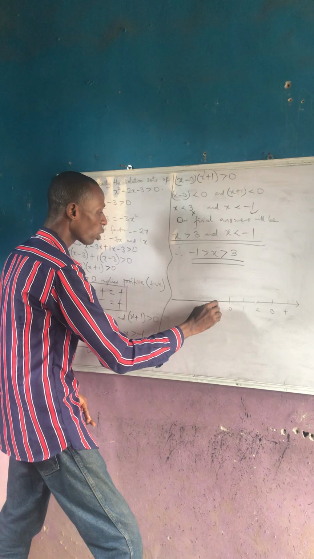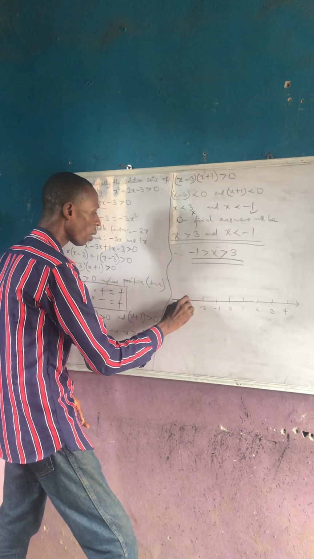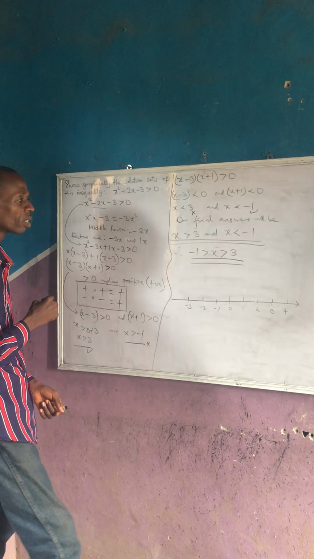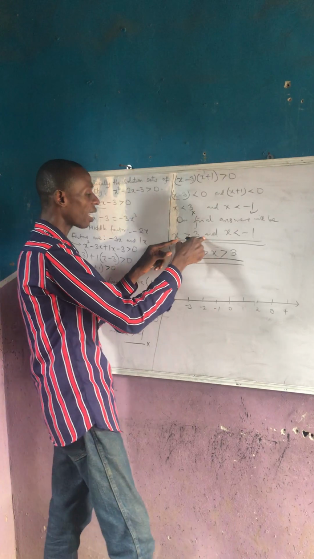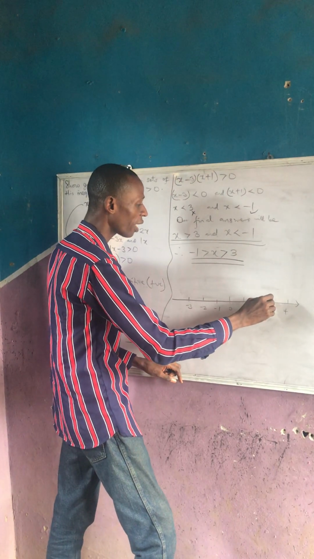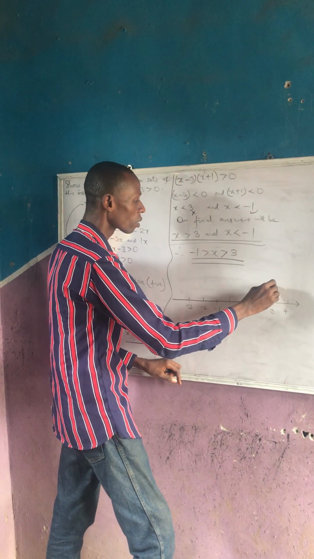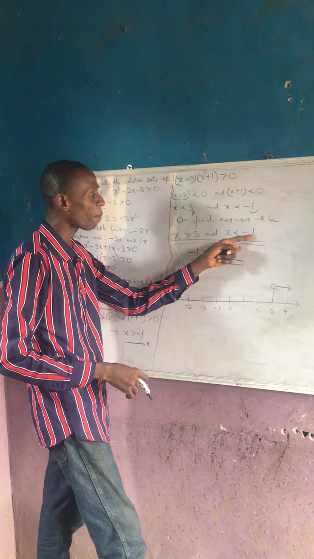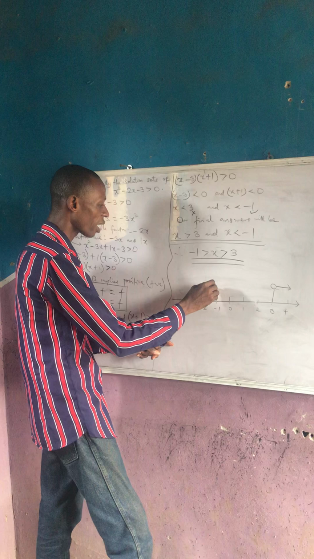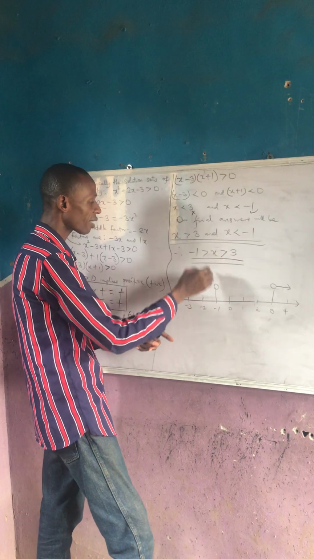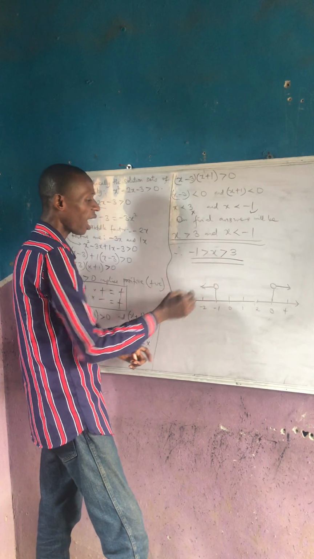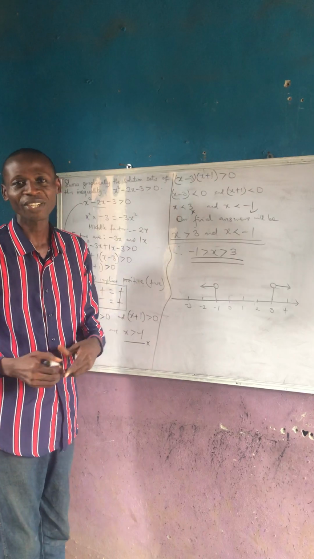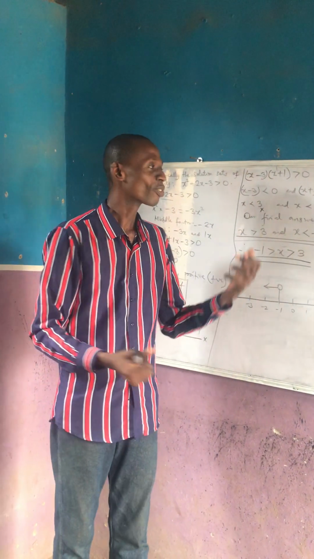Then here we have minus 1, minus 2, minus 3, and so on. So we have x greater than 3. We come on top of 3 here. Greater, we go to the right. x less than minus 1. We get a minus 1 here. Less goes to the left. And that is the end of the solution.